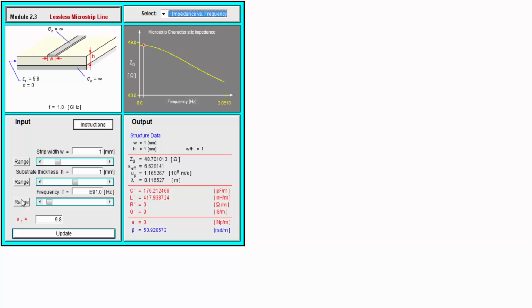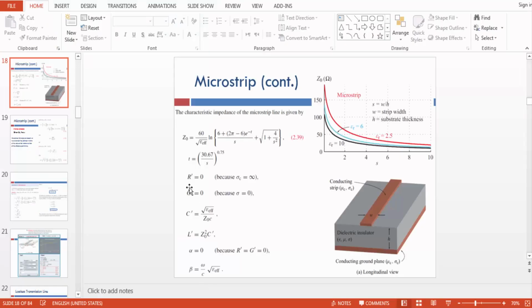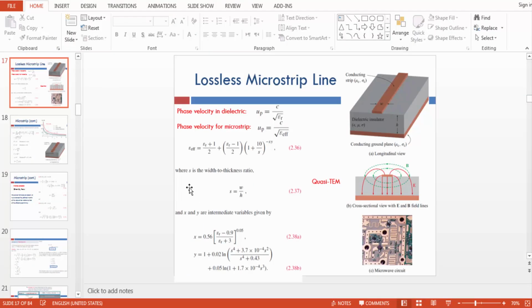When this electromagnetic wave or electrical signal is applied through this microstrip, the substrate will have an effective dielectric constant, and we know how we calculate this effective permittivity or effective dielectric constant.